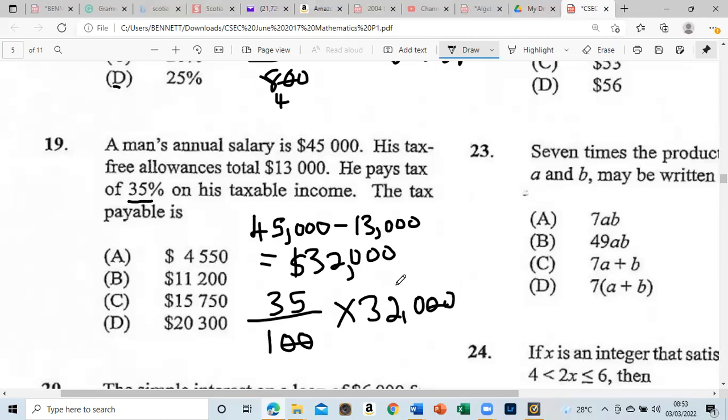So it will be 320 times 35. All right, so that's $11,200.